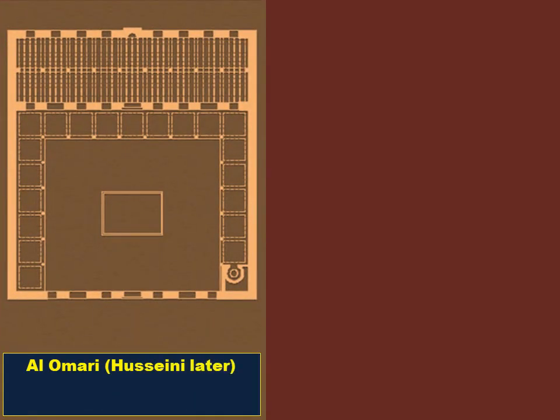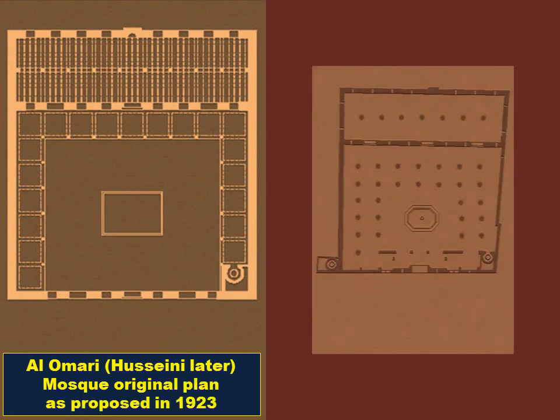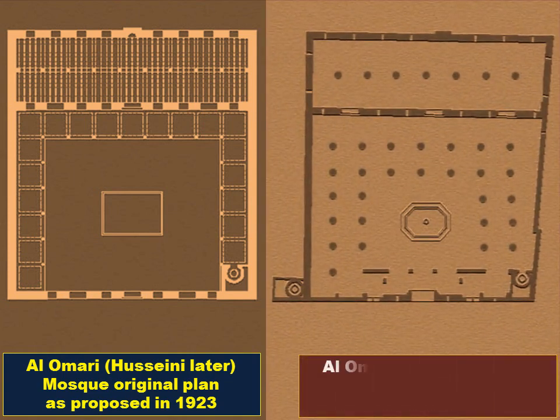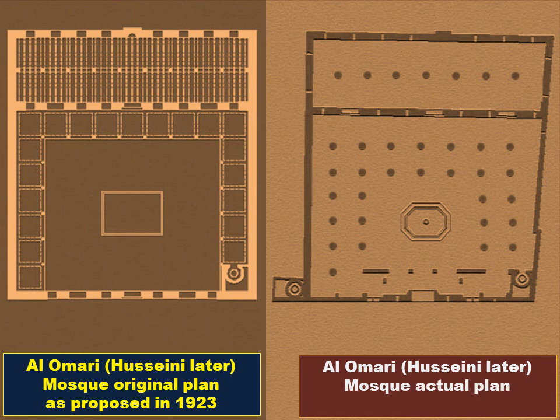Almaani Mosque original plan as proposed in 1923. Almaani Mosque actual plan as built between 1923 and 2020.